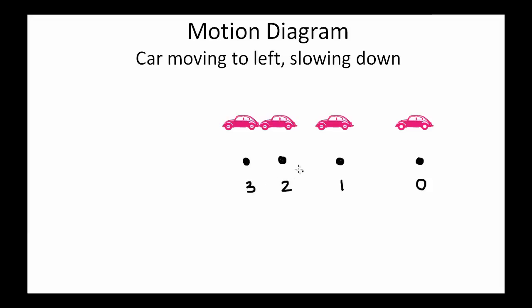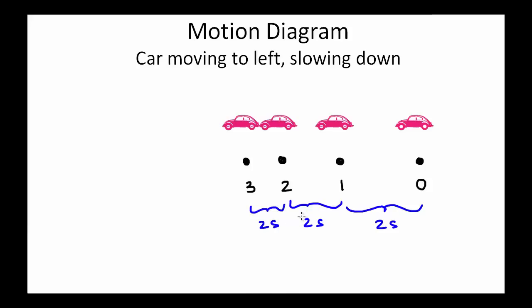The crucial thing with motion diagrams is that the time interval between any two successive points can be anything. It can be 2 minutes, it could be 2 hours, 5 days, whatever. The crucial thing though is that once we pick a time interval, it's the same across each of these successive points. So if the time interval here is 2 seconds, as we said in our car example, it has to be 2 seconds between 1 and 2 and between 2 and 3 as well.